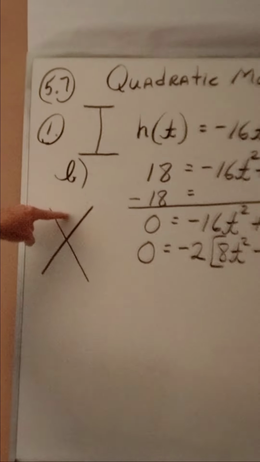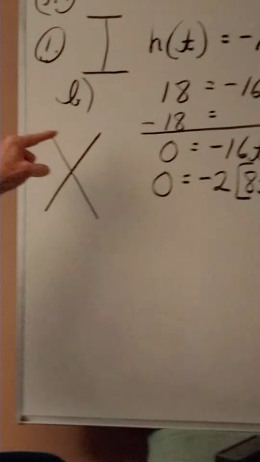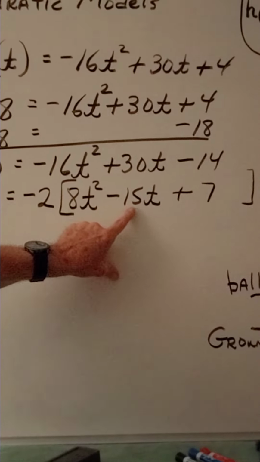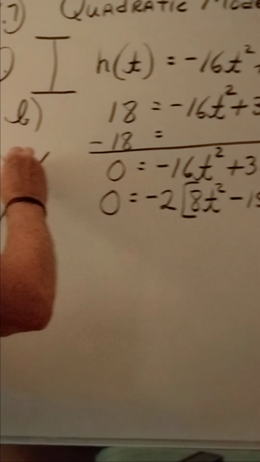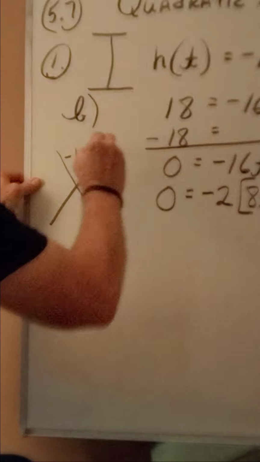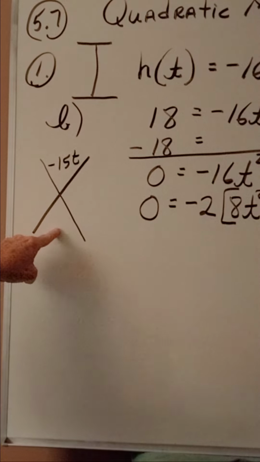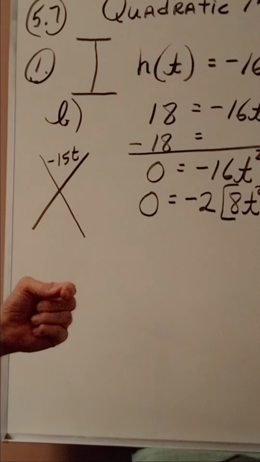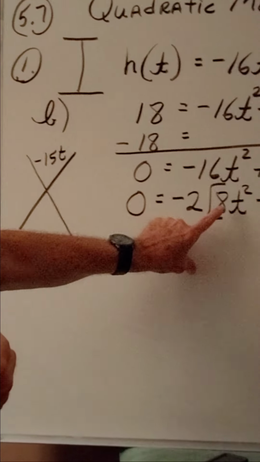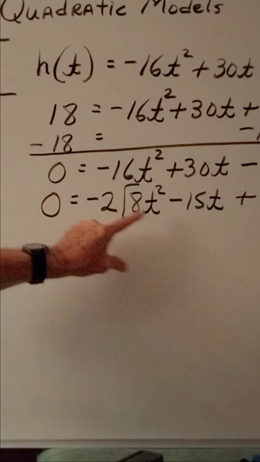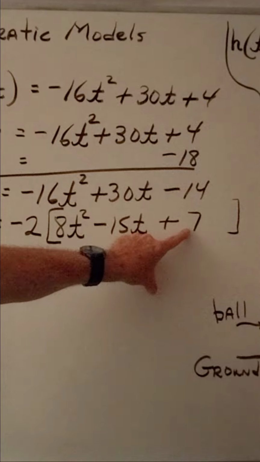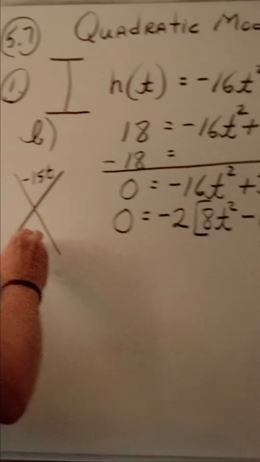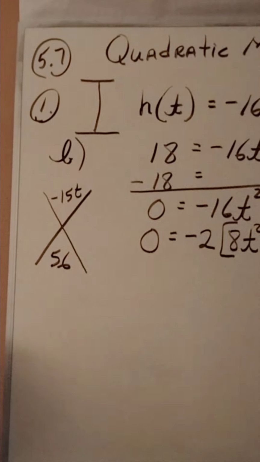The 12 o'clock region contains the middle term of the trinomial. The 6 o'clock region is where we put the result of multiplying A, which is 8, times C, which is 7. 8 times 7, that's a positive 56.